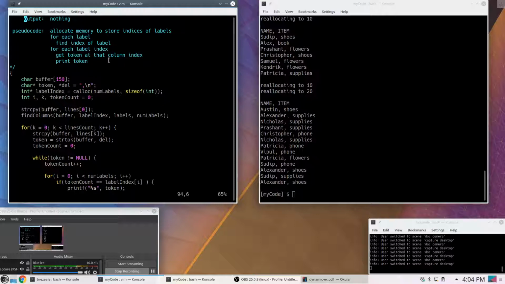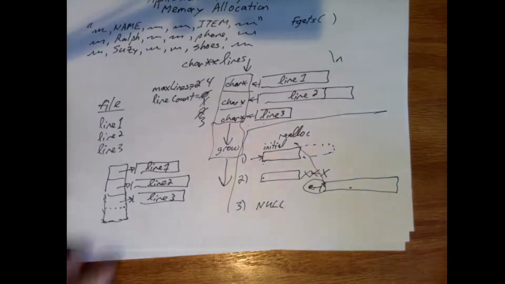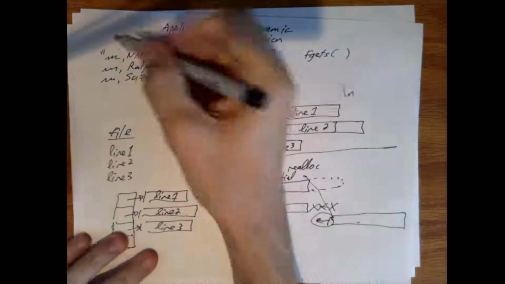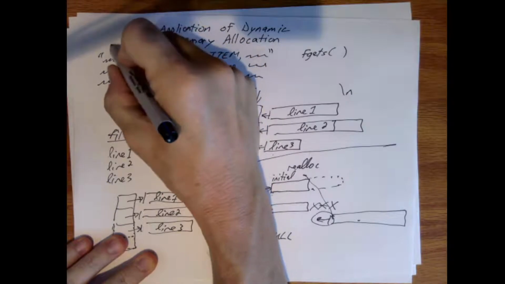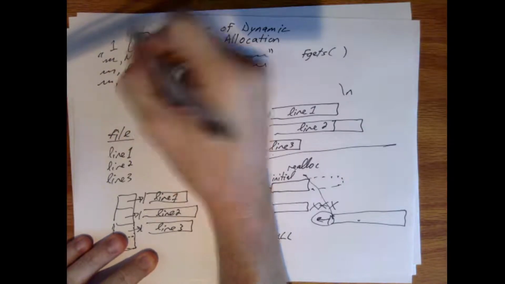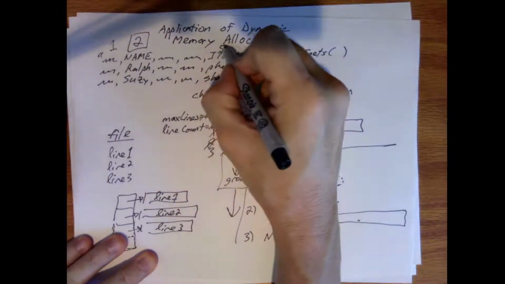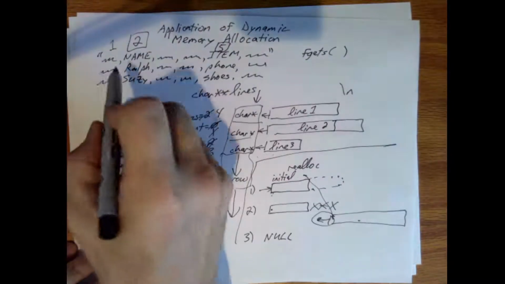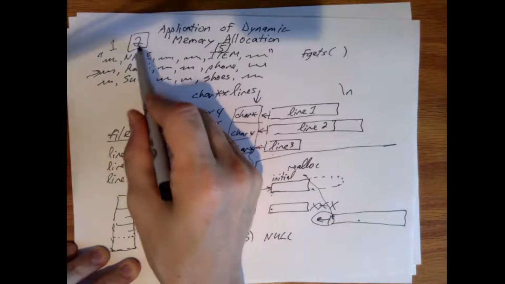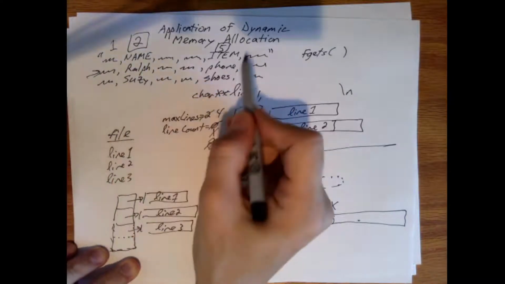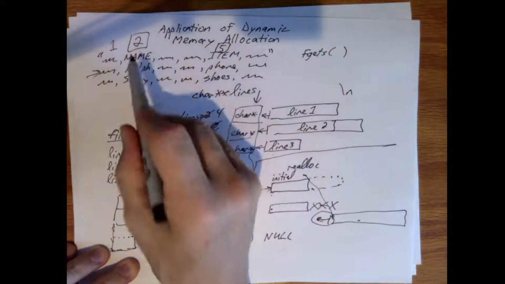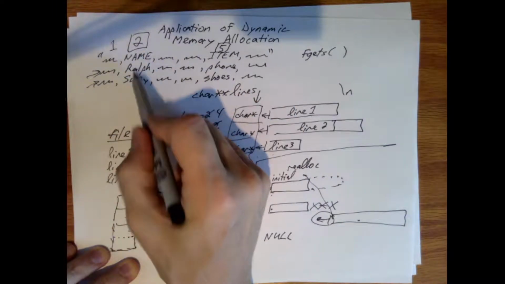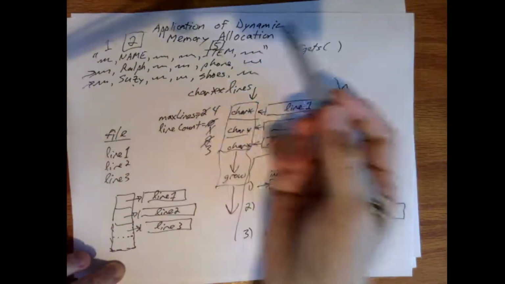So for example, if I know my indices, so like I have here, this is column 1, this is column 2, 3, 4, this is column 5, then I need to go through here and on this line right here, print column 2, which is Ralph, and print column 5, which is phone. Then on this line, print column 2, which is Susie, print column 5, which is shoes.